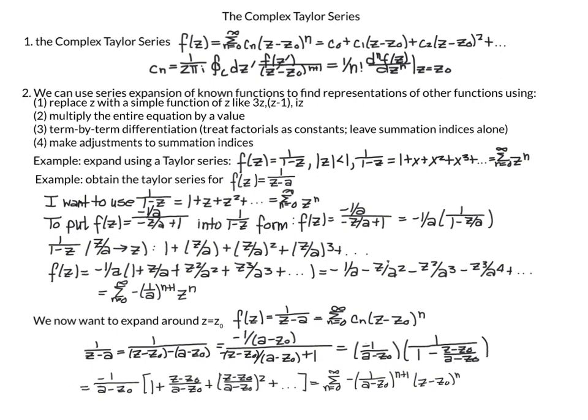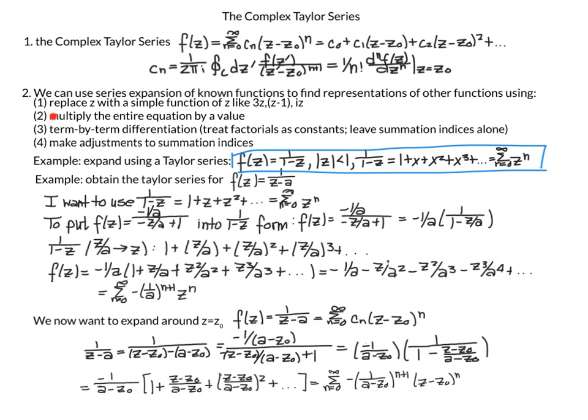Next, we did some examples of complex Taylor series, and in particular we did this example here, which is an important example because it's one of the basic Taylor series expansions that people know, and then they can use some of these known series expansions to find representations of other functions, and that's what we did for the rest of the video.